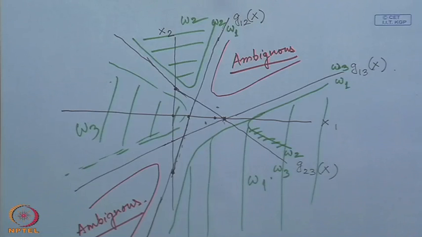So, when I have this linear discriminator, considering the decision boundaries between different classes, and if I have a multi-class problem, it is quite possible that in the feature space I can have a few subspaces in which, if a feature vector falls, that feature vector cannot be classified to any of the classes, because those subspaces are actually ambiguous regions.